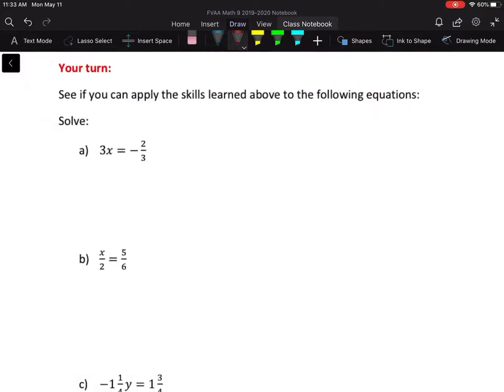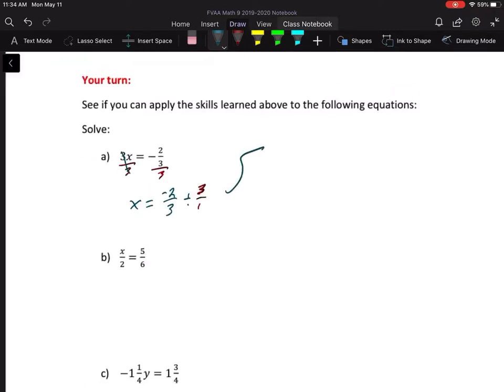All right, opposite operation. I'm going to divide both sides by 3. That's going to cancel out my 3's. I end up with x is equal to negative 2 over 3 divided by 3, or divided by 3 over 1. Which is going to equal, x is equal to negative 2 over 3 times the reciprocal, 1 over 3.